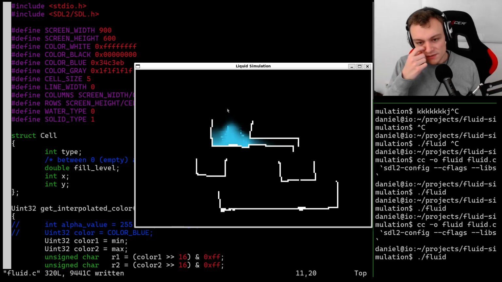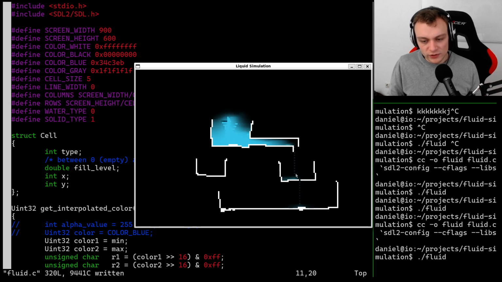The fluid is not spreading quickly enough, in my opinion. So this is really behaving like gas. But the trickling down here is quite nice.